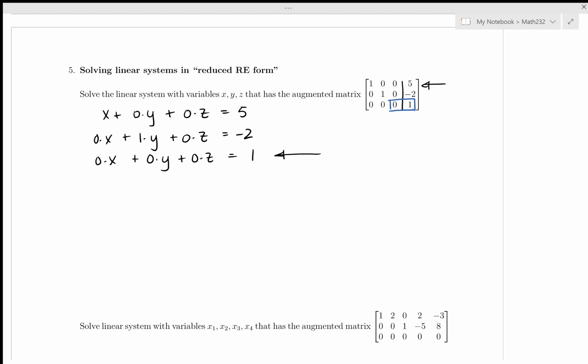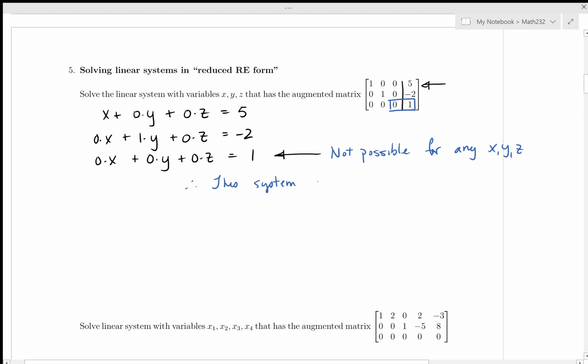So this is not possible for any x, y, or z. So this system has, therefore, no solution.